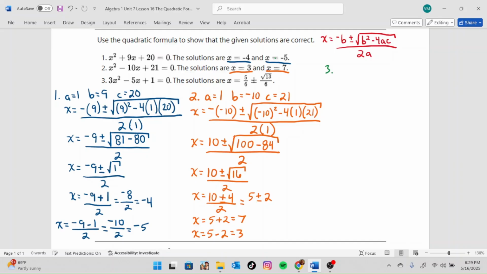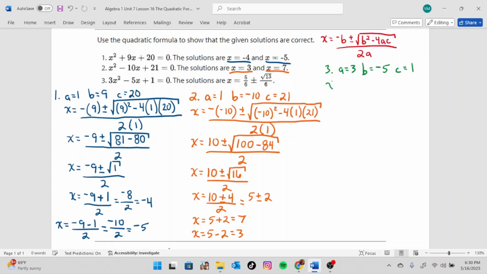And number 3, we need to identify A, B, and C. A is the coefficient in front of x squared, so A equals 3. B is the coefficient in front of x, so B equals negative 5. C is the constant term, so C equals 1.